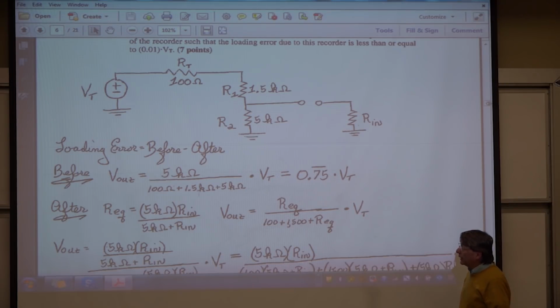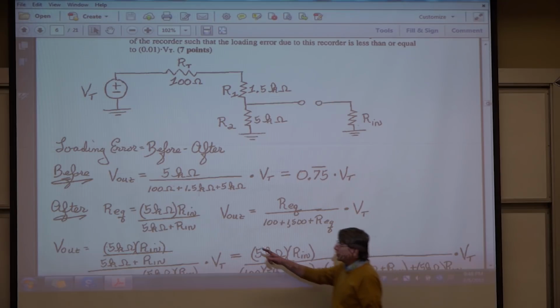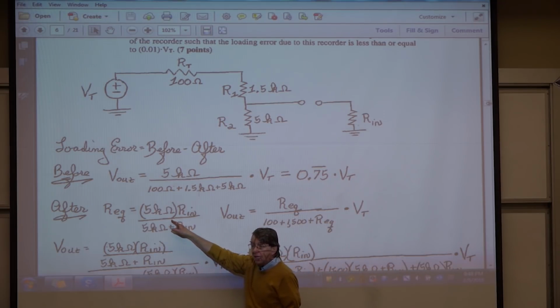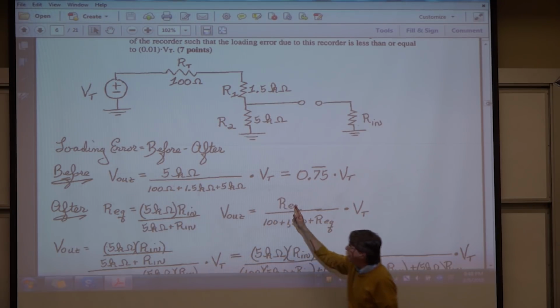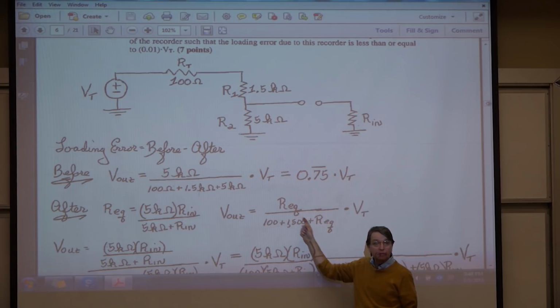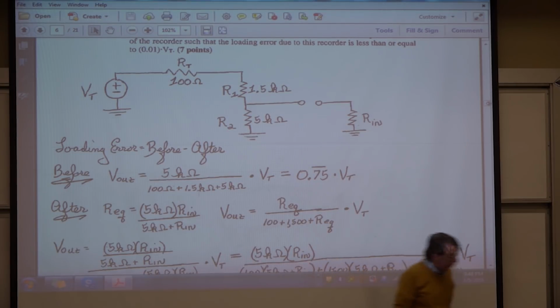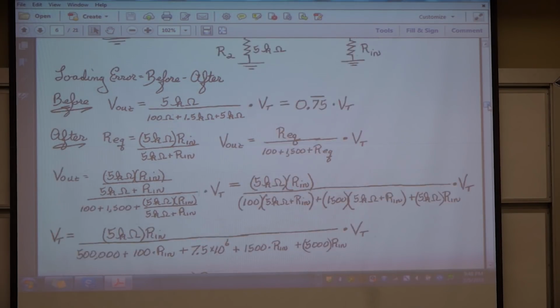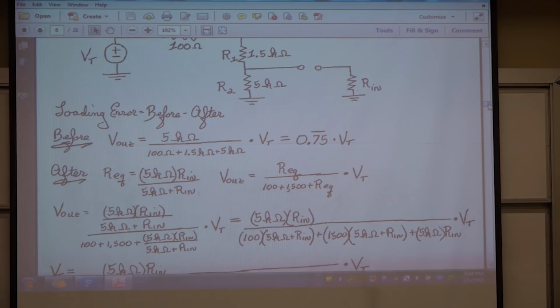Now, I do a little algebra. I now substitute REQ into this equation in these two places. So I do a little algebra, I substitute in, and what I get is V out equals all of this times VT.